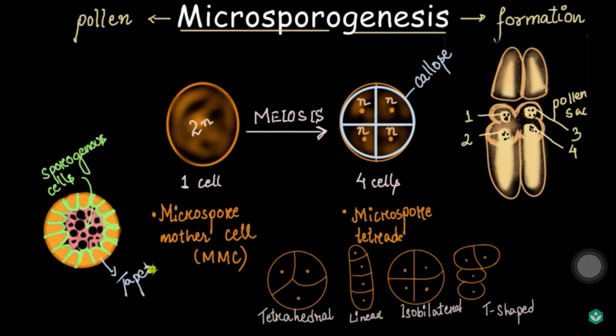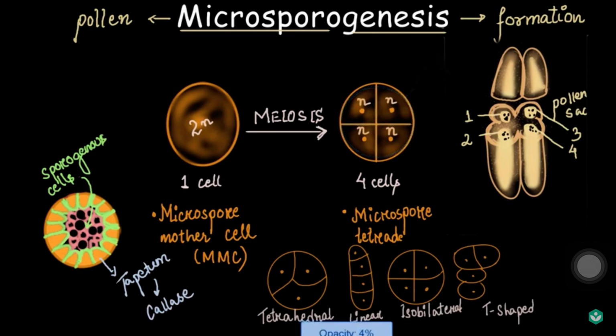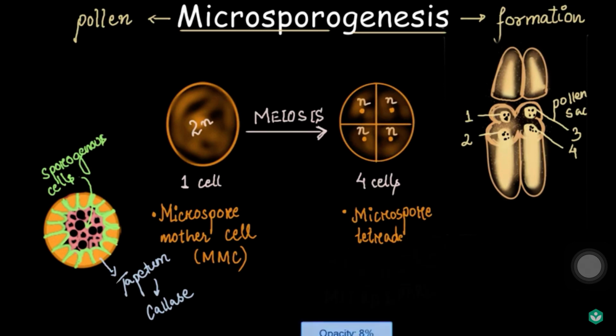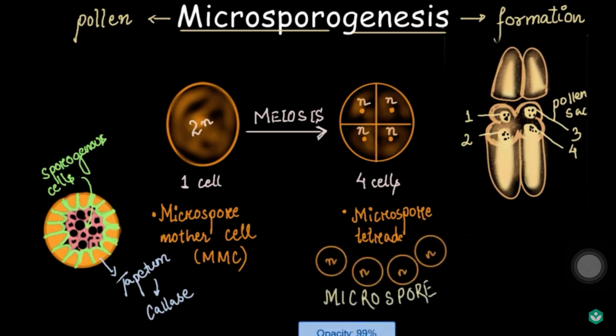So the tapetum now produces an enzyme that dissolves the callose, and the enzyme is called callase. Callase dissolves callose. So the callose layer slowly dissolves and it gives rise to 4 individual microspore cells. And this process is called microsporogenesis. The microspores are formed.